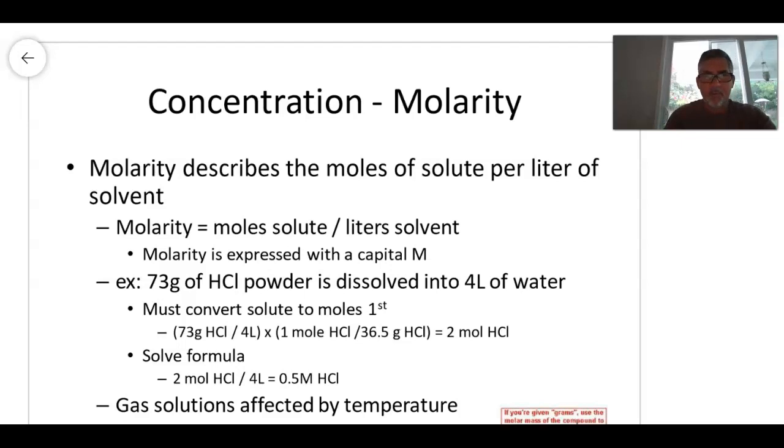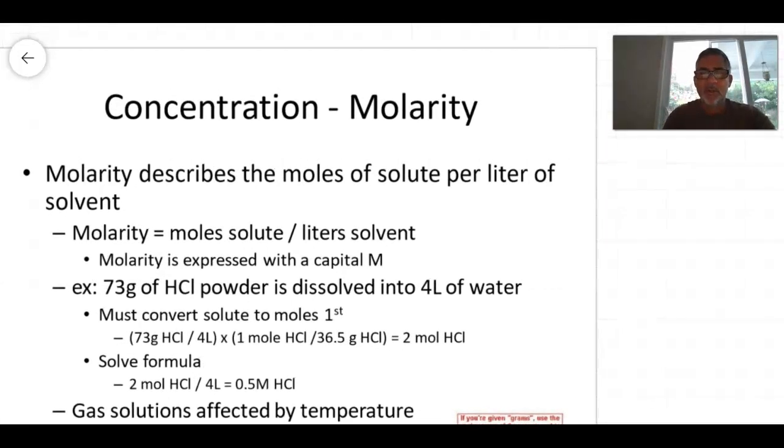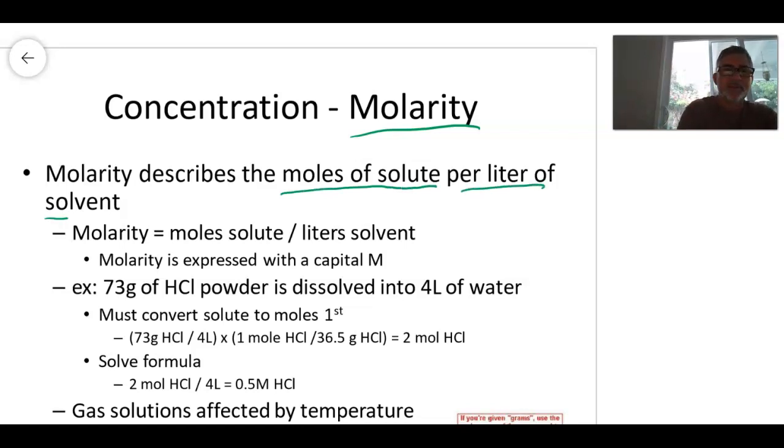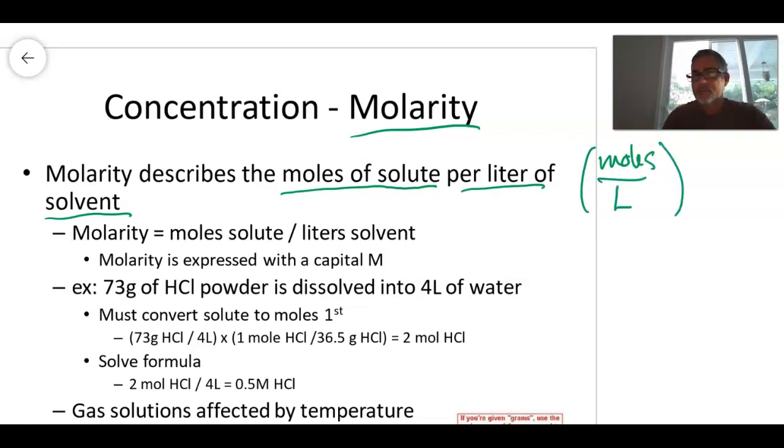Dilute and concentrated are probably terms that you've used before. But we're going to give you a couple quantitative means to measure. The first one we're going to talk about is molarity. Molarity is moles solute per liter solvent. So it's moles over liters.